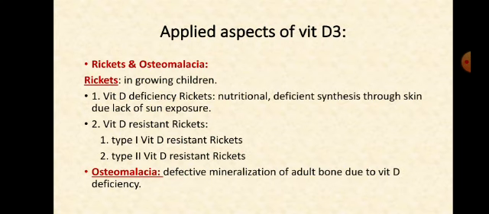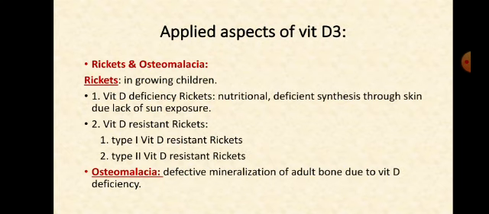In type 1, there occurs inactivating mutation of the gene for renal hydroxylase, resulting in non-formation of 1,25 dihydroxycholecalciferol from vitamin D3. In such cases, there occurs no response to vitamin D, but a normal response to 1,25 dihydroxycholecalciferol is seen.